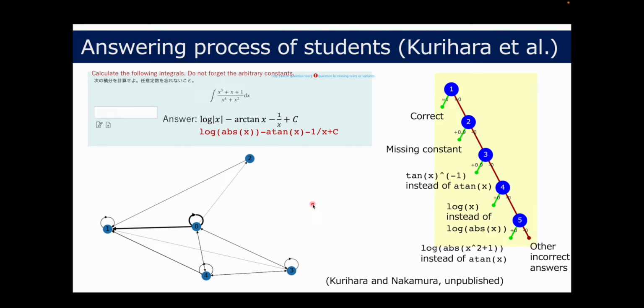Kurihara examined the answer process of 94 students and represented the process of which incorrect answer led to a correct answer for each student in a directed graph. And he overlaid them all and represented them in a single graph. More transitions in answers are represented by thicker lines.